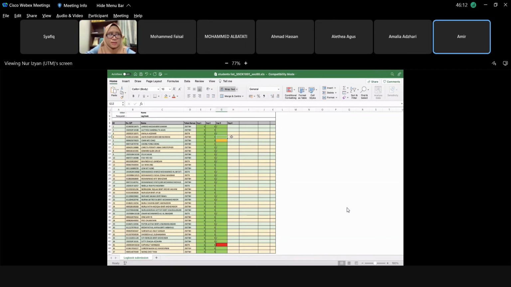AAS is the type of equipment, the brand of the equipment. Perkin Elmer. Okay, it is Perkin Elmer is the manufacturer lah.